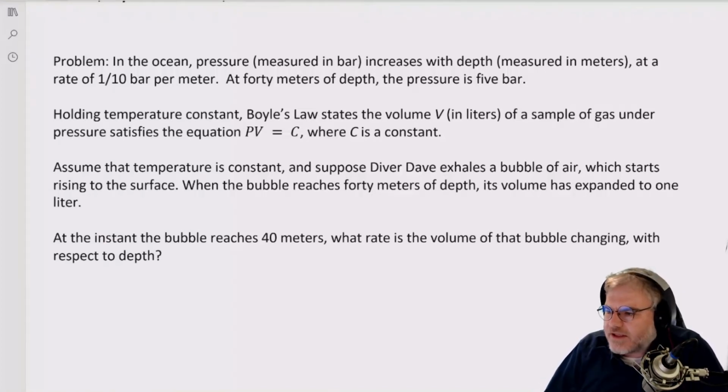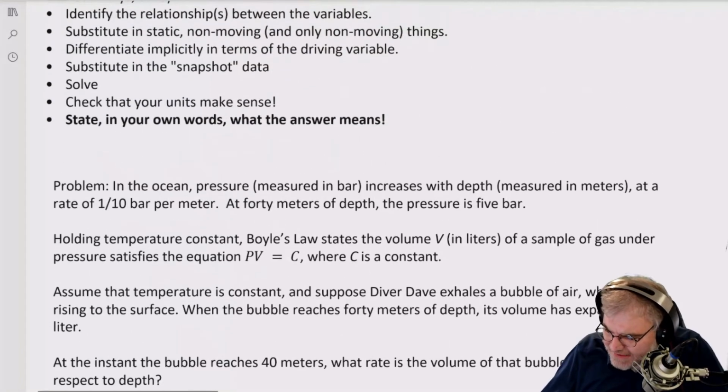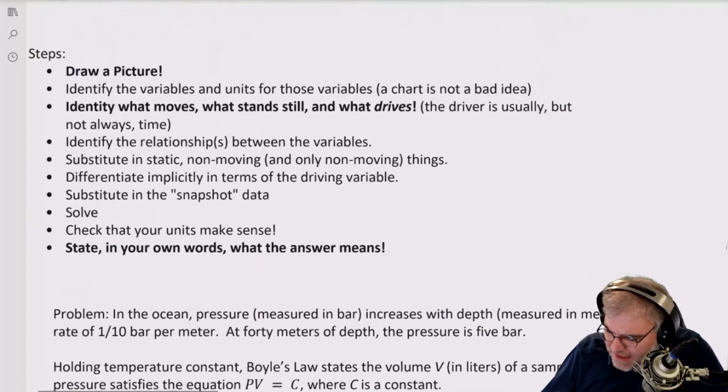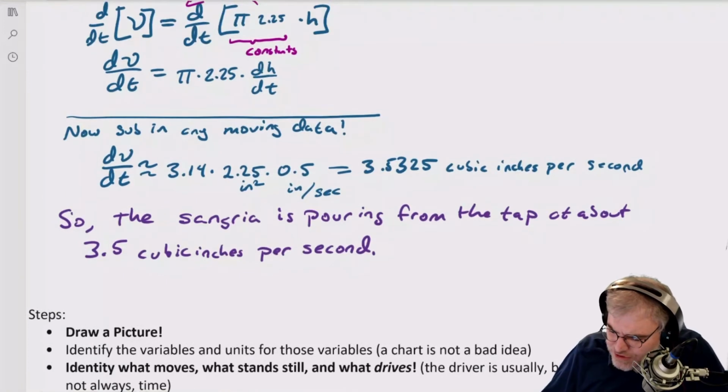I don't see any. Can I explain how I got the units for dV/dt? Did I do that to your satisfaction? What I did was I had inches squared because this was the area. Right, so the radius was in inches and then I squared it, so I got inches squared.